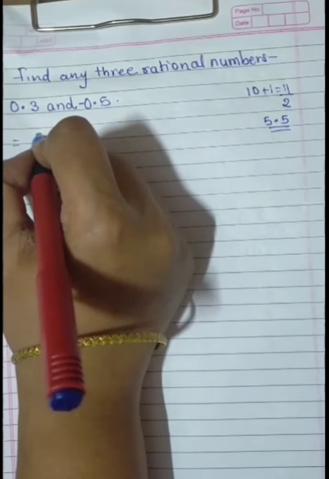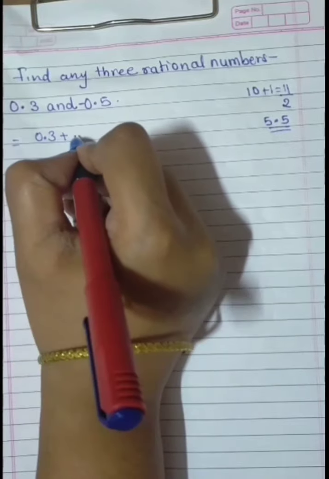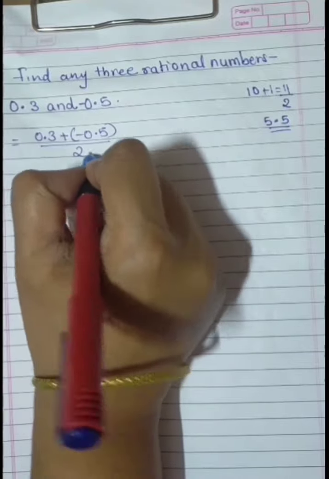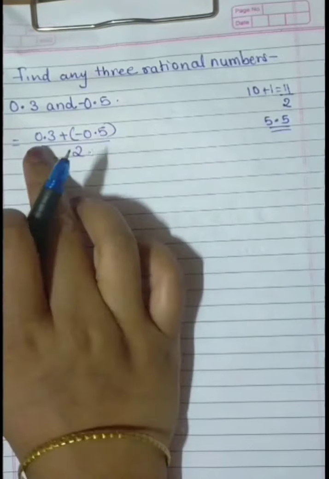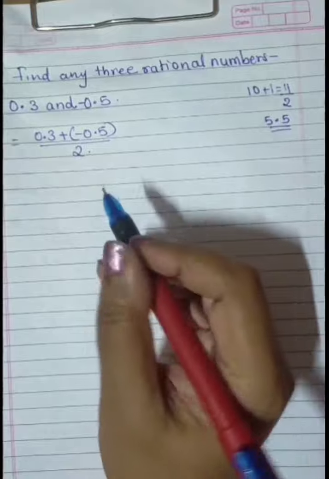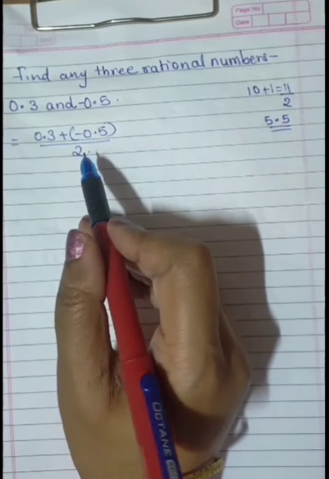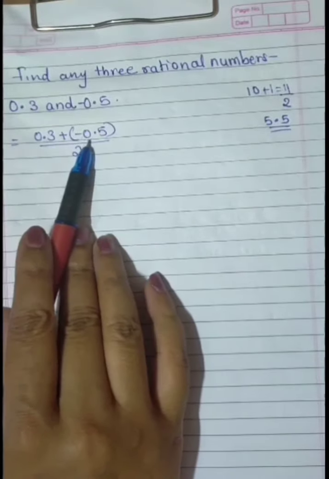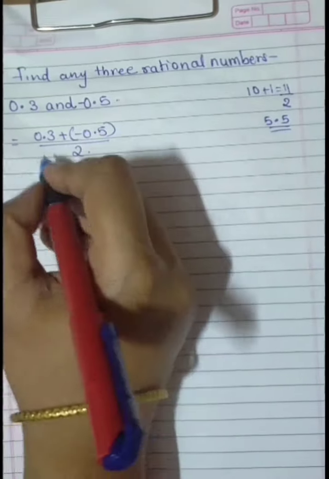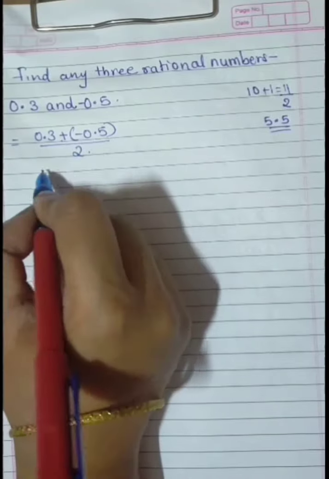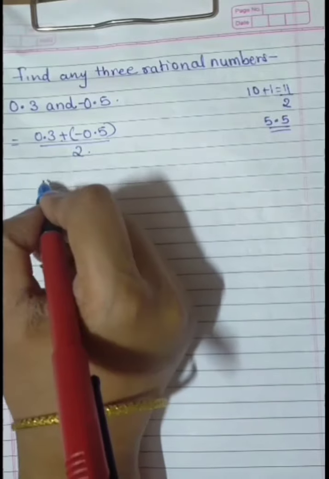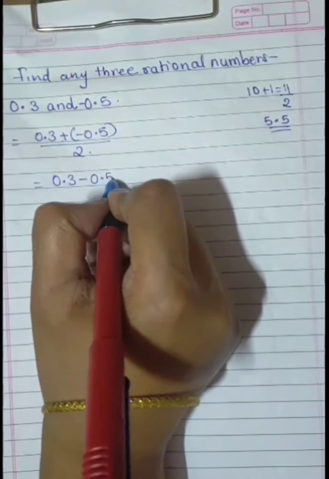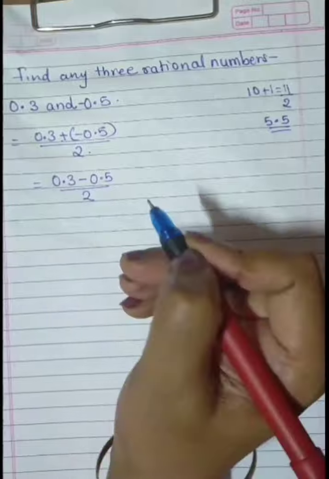For example, 0.3 plus minus 0.5 upon 2 to get the middle number between these. So here, as you can see, plus and minus will become minus: 0.3 minus 0.5 upon 2.